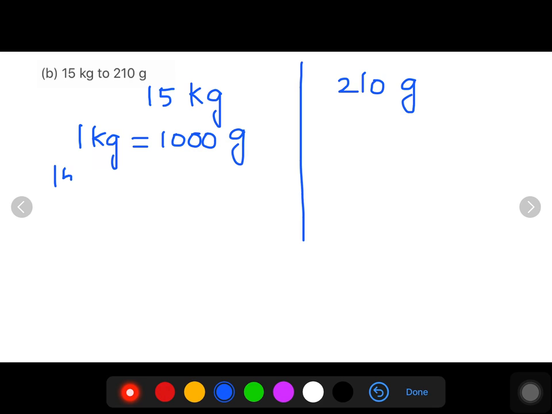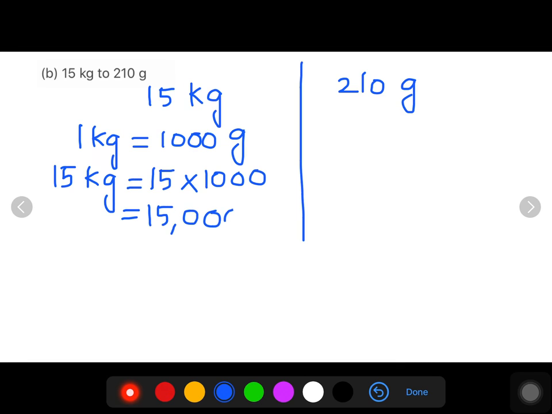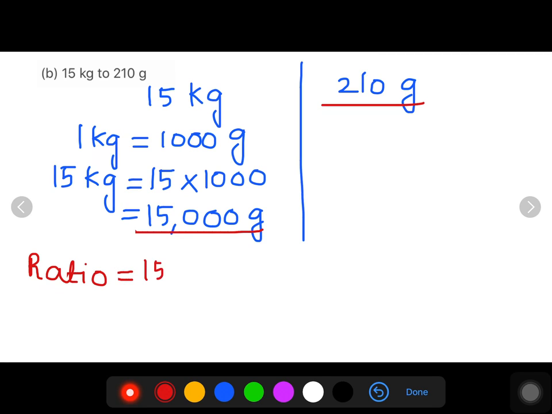Therefore 15 kilogram will be equal to 15 into 1000, which is equal to 15,000 gram. Now both the quantities are in terms of gram, so we will find the ratio. The ratio is equal to 15,000 is to 210.